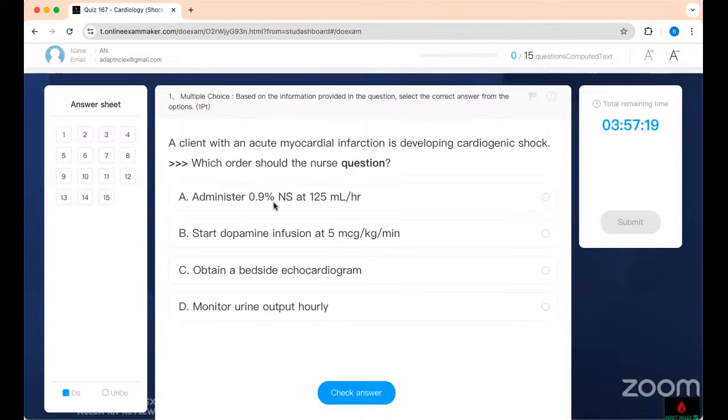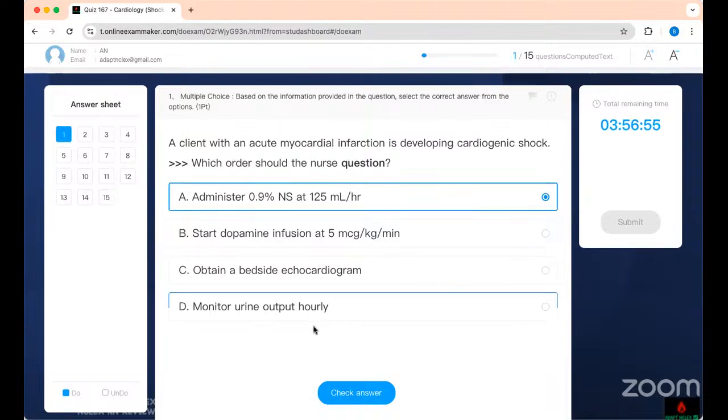But bolusing the individual is a problem. In cardiogenic shock, fluid is not your priority. The problem is a pump problem. So fix the pump. In cardiogenic shock, you want to fix the pump as much as possible, and that is the best thing you can do for a cardiogenic shock patient.